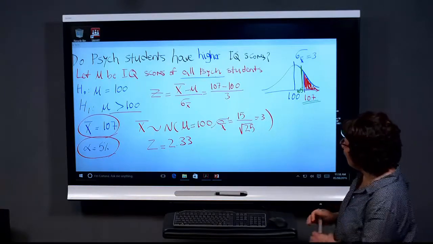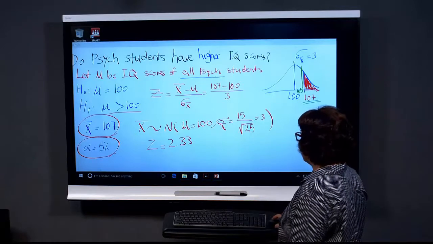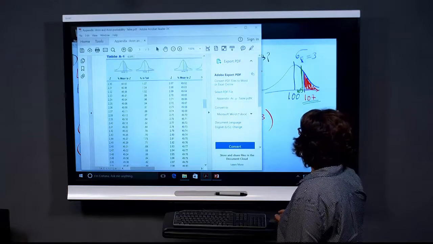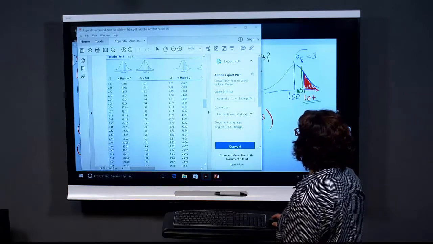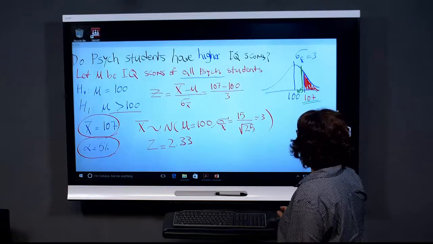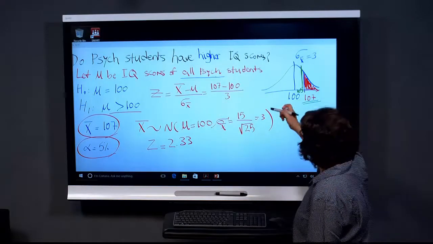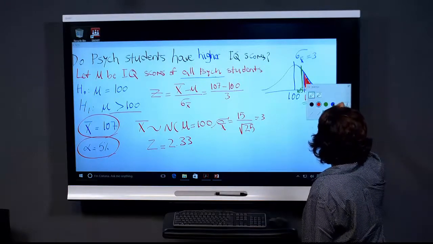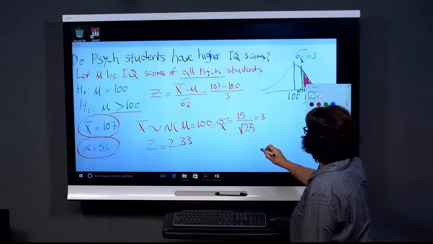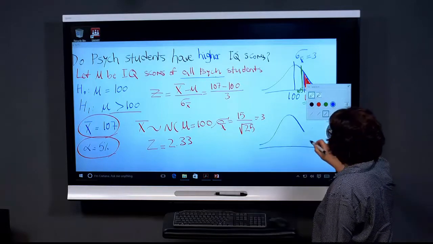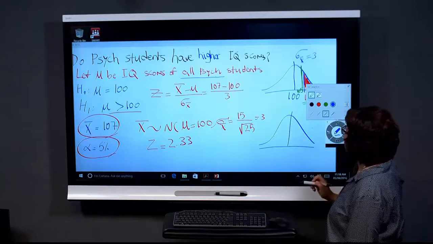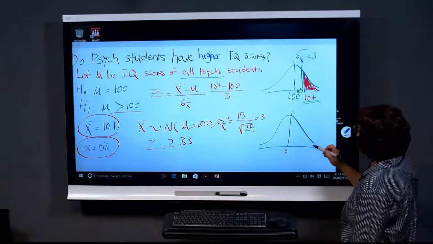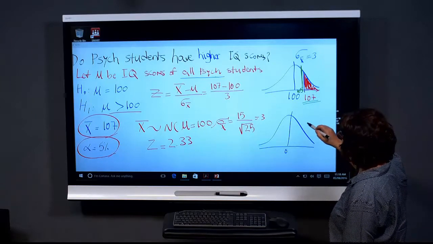Now, if we go to our normal tables, but first let me draw this. I will have a normal distribution, and the Z score here would be, if the mean is equal to 0, then I have my observed value.